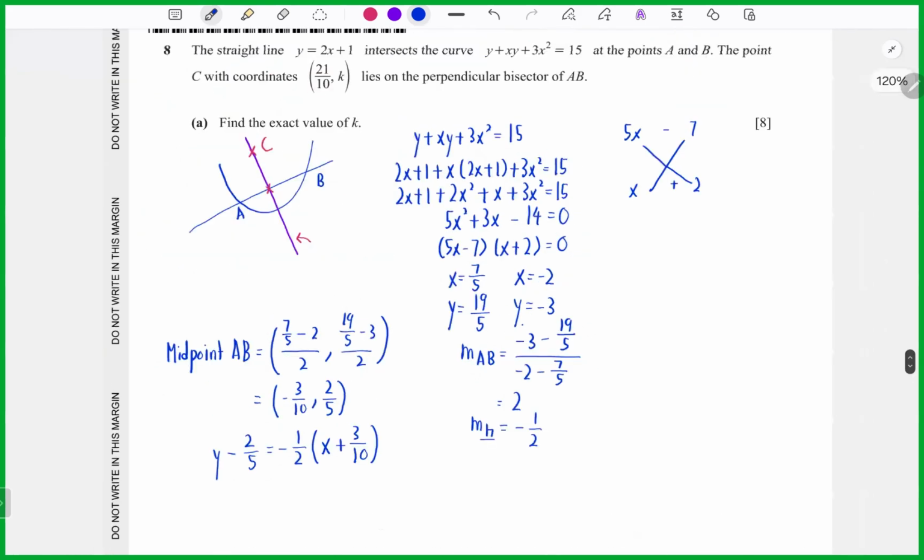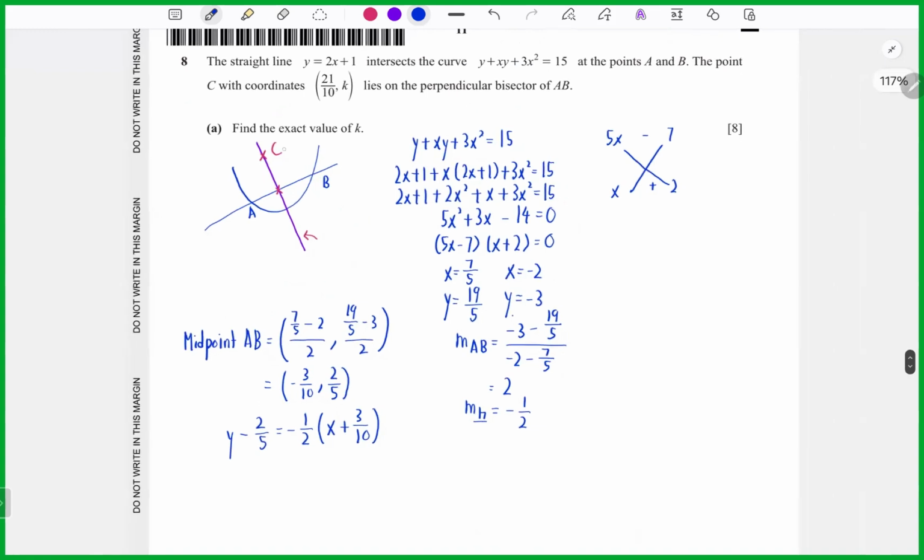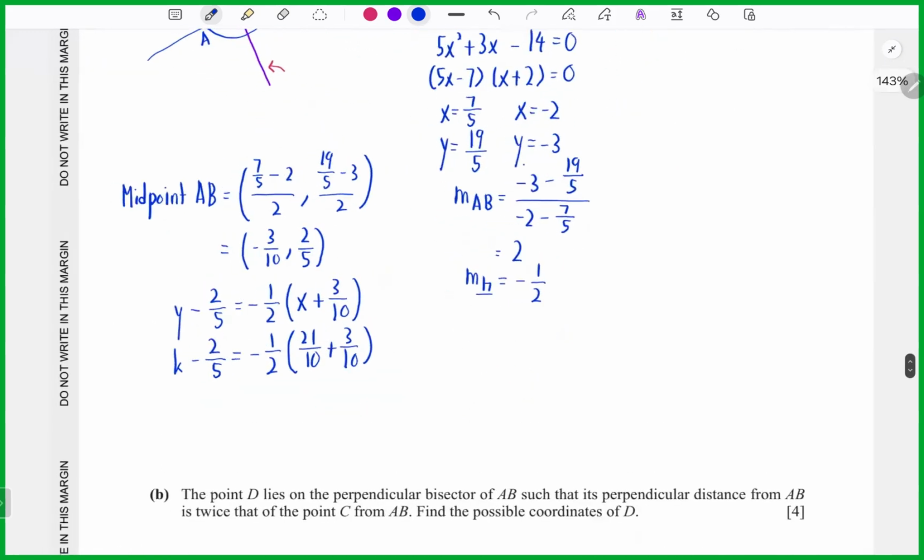And then, this is your coordinates C, right? So you can take x equals 21 over 10. k minus 2 over 5 equals negative 1 over 2 bracket 21 over 10 plus 3 over 10. k minus 2 over 5 equals negative 1 over 2 bracket 21 plus 3, here is 24 over 10.